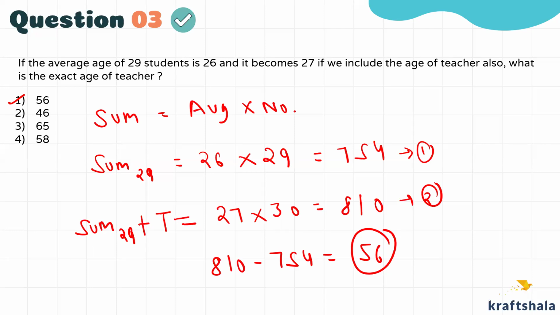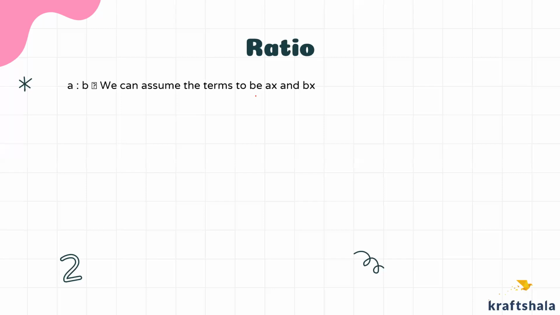Let's move on to the next one, that is ratio. Now, first of all, what is ratio? You can write down: ratio is the comparison of two or more similar quantities. Now it is just a comparison.